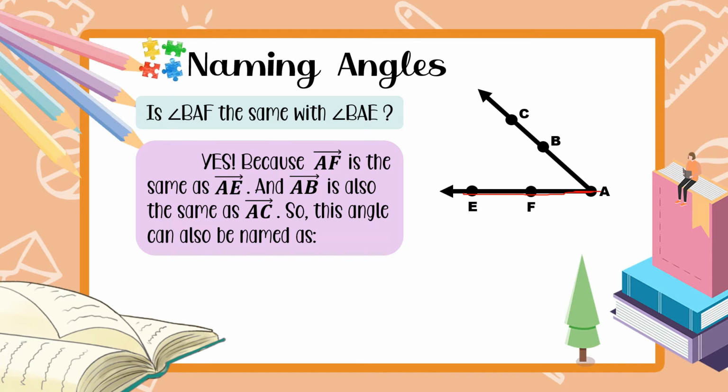Si AF dito, hanggang dito lang. Pag in-extend natin si ray AF, mapupunta siya doon hanggang kay E. Kaya pareho lang sila, ni ray AF at saka ni ray AE. Ganon din naman si ray AB here, hanggang dito lang. But if we extend our ray, mapupunta siya hanggang kay C. Kaya pareho lang sila. So, itong angle na to ay pwede rin natin pangalanan na angle CAE.